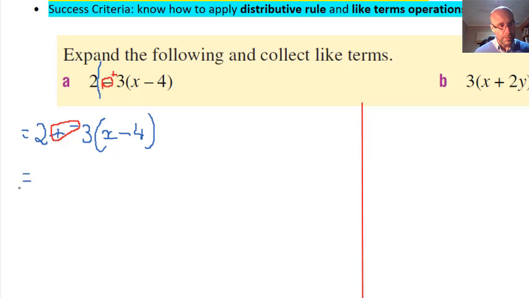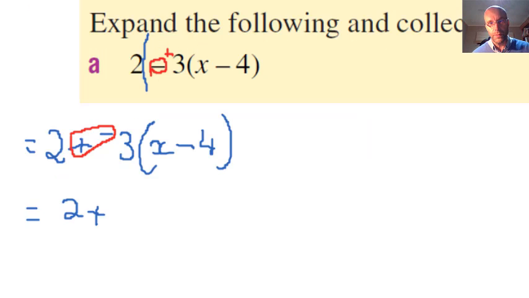We can write the next line here as 2 plus. Now we can expand the negative 3 outside of x minus 4. Let's have a look. So we've got these green expansion arrows that go from the negative 3 to the x, so it's negative 3 times x, and the negative 3 to that minus 4.